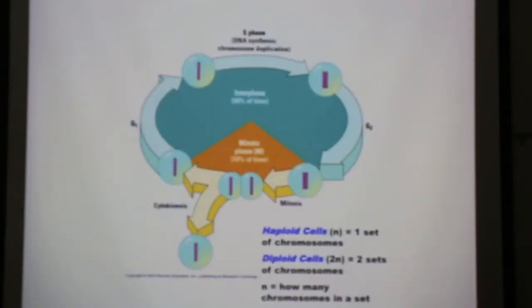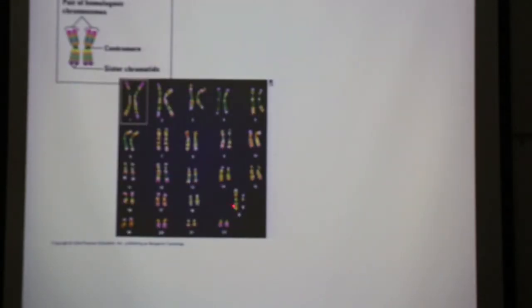What this picture is here is called a karyotype. A karyotype with a K is a picture of all of your chromosomes. Assuming everything was done correctly, you should have two of every chromosome. You got one set from mom and one set from your dad.